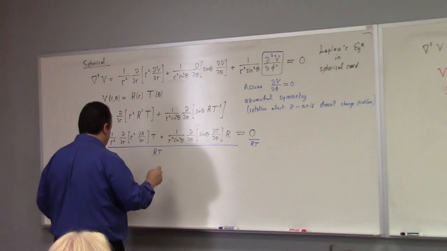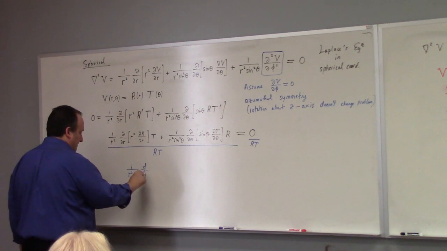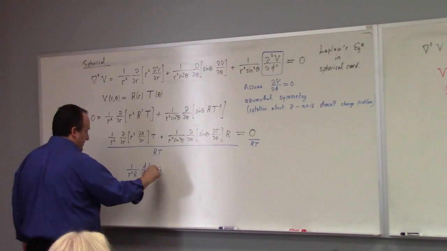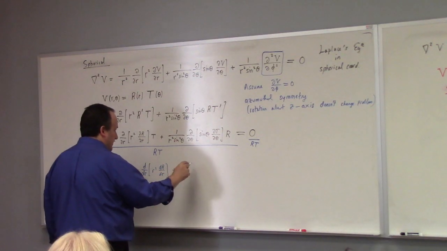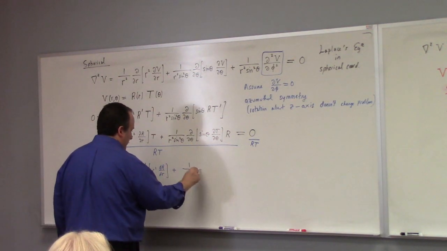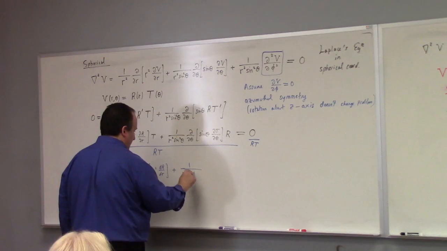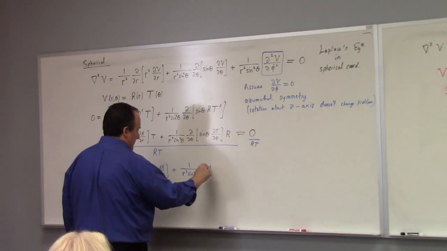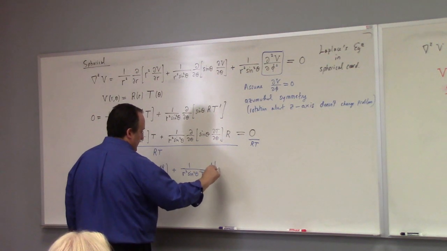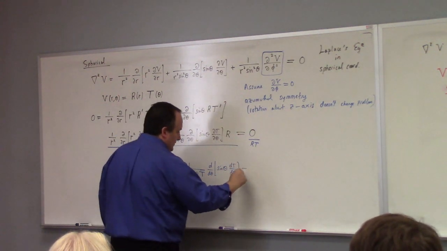And what that then gives me is 1 over little r squared times big R d/dr of r squared dR/dr, plus 1 over r squared sine squared theta times T d/d theta of sine theta dT/d theta, equal to 0.